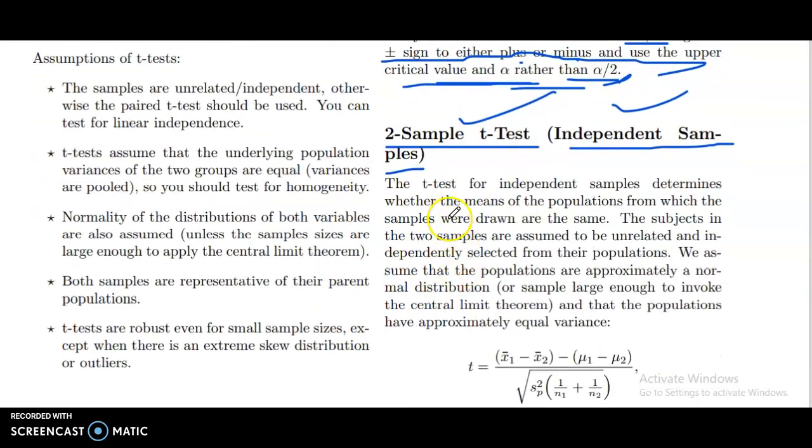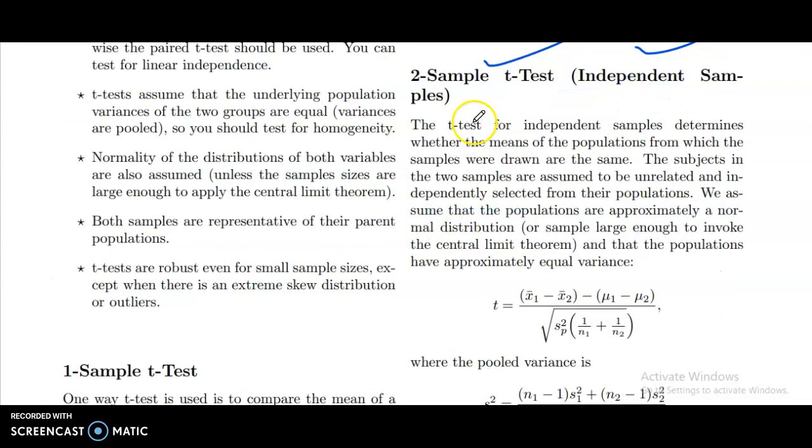The t-test for independent samples determines whether the means of the populations from which the samples were drawn are the same. We have to note this point here: independent samples, for the two sample test, is very important.